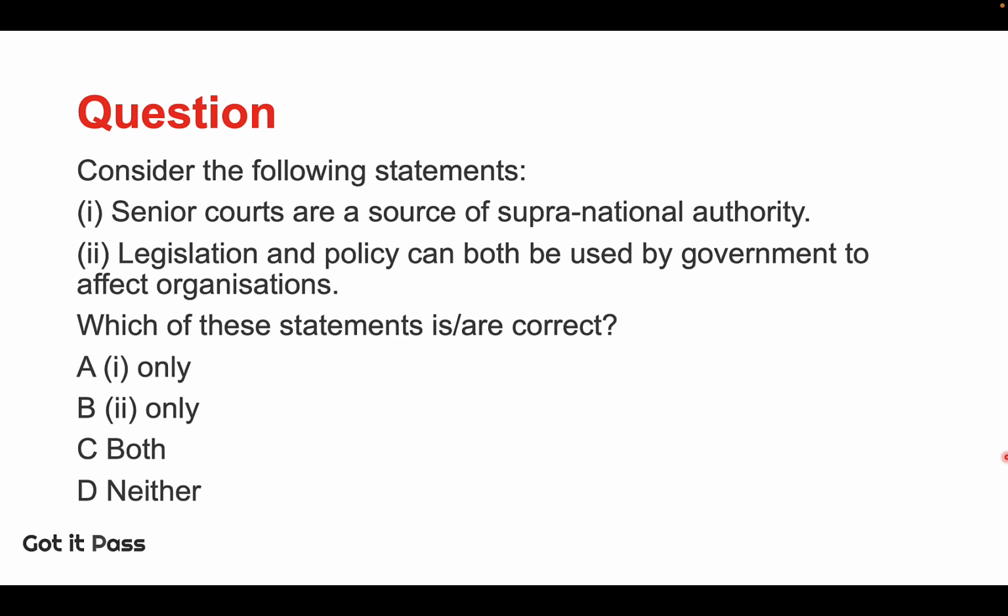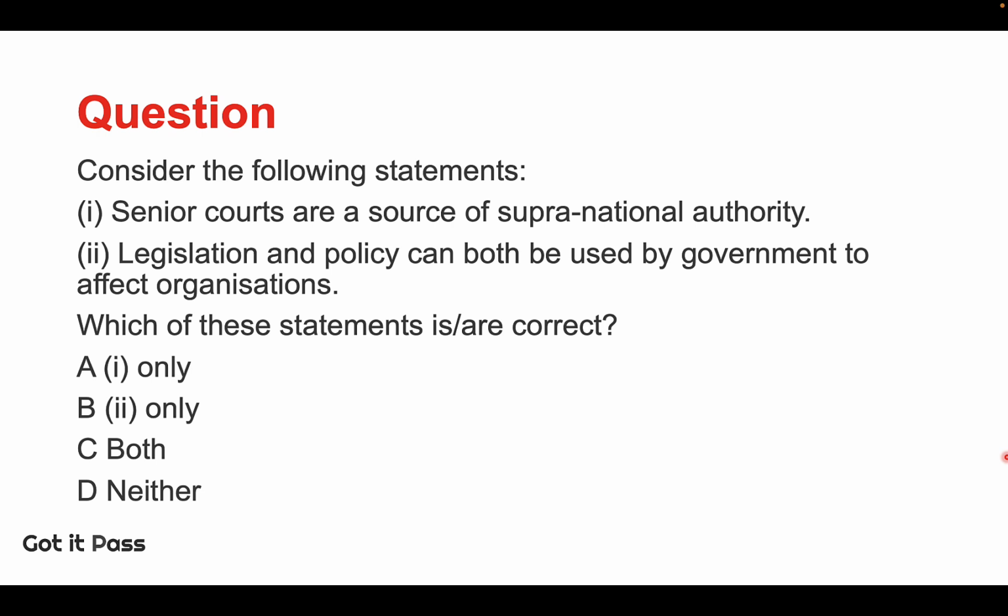Now move on to the question. There are two statements. Consider whether they are all correct, or only one of them correct, or neither is correct. The first statement is senior courts are a source of supranational authority. And the second statement is legislation and policy can both be used by governments to affect organizations.